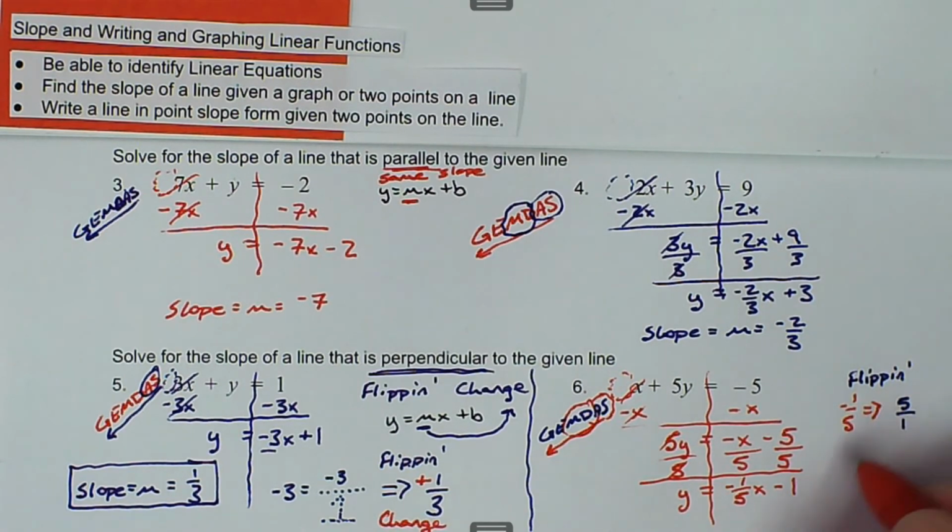And then change. We want to go from negative to positive. So then our slope in this case, slope is equal to m, which is equal to 5. Positive 5/1 is just 5.